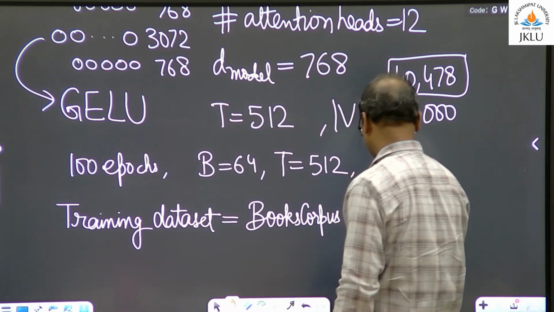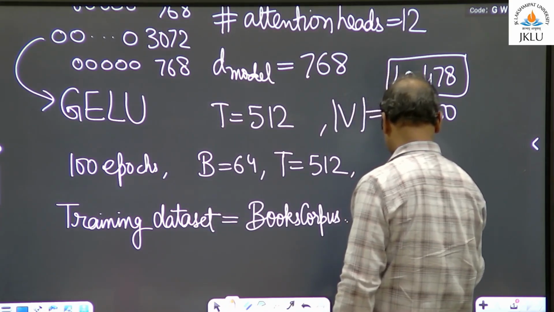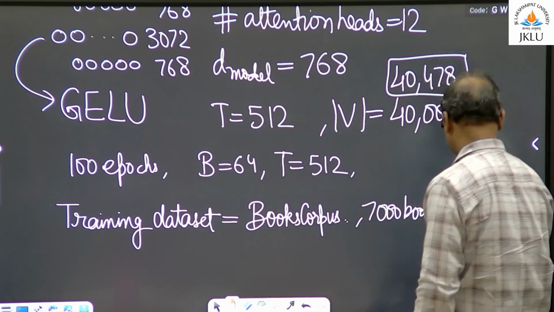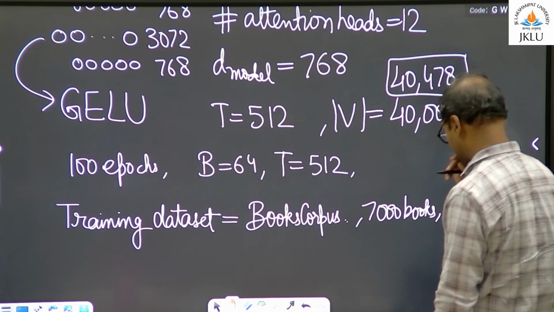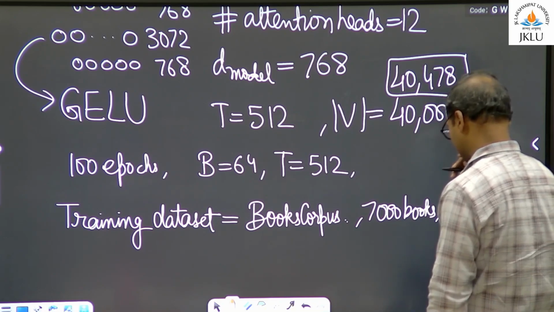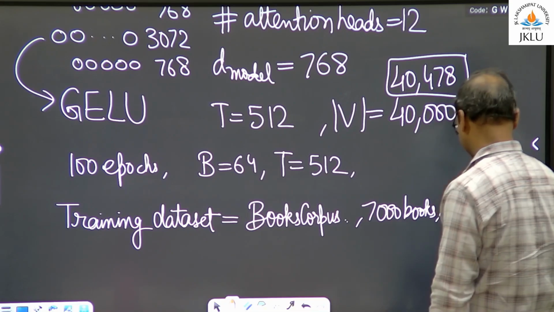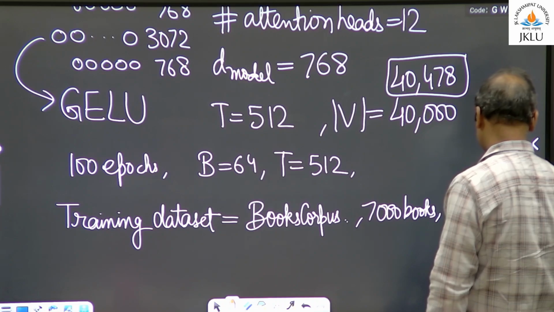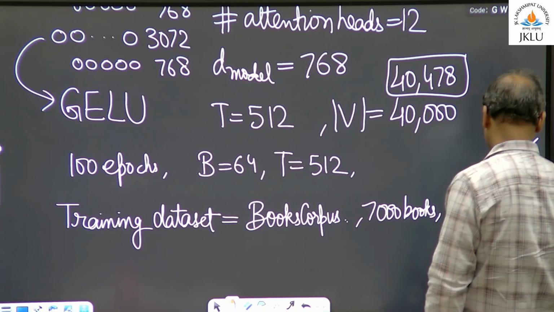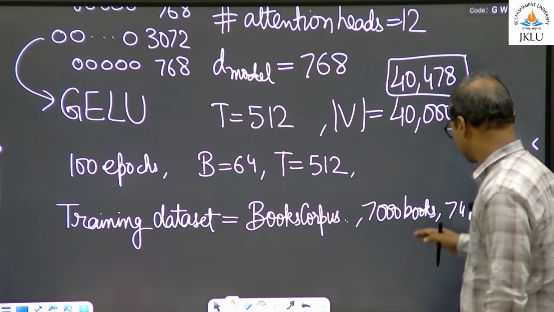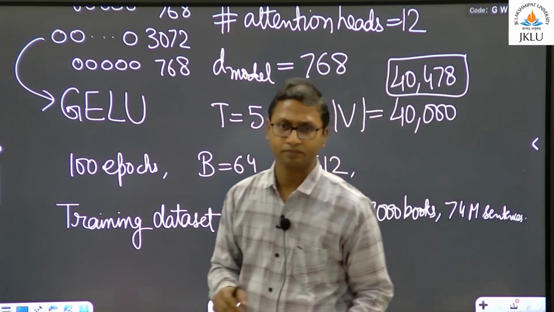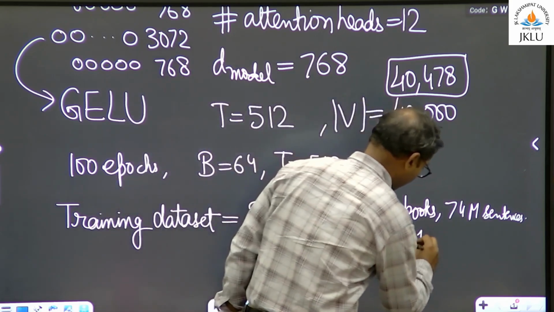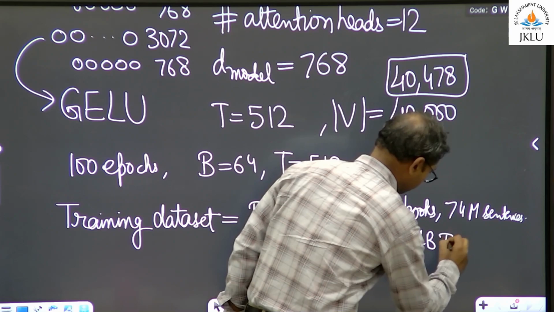I think if I remember it right, they had some 7,000 books that had roughly I think 74 million sentences, but not sure, and somewhere around 1 billion words. Somewhere around 1 billion tokens if I remember it right, but I am not sure.